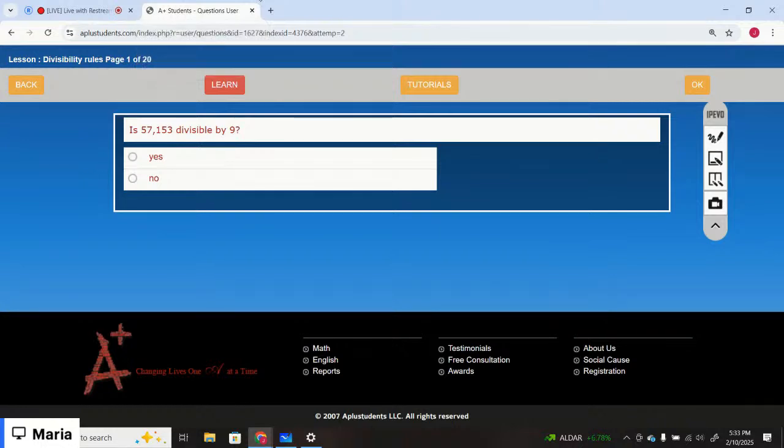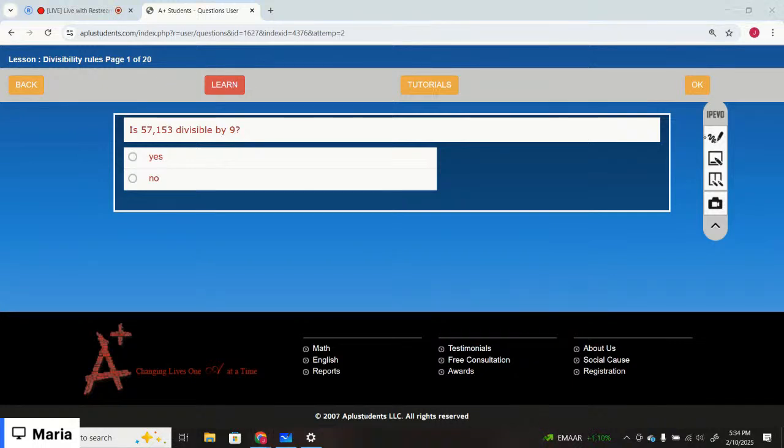Is 57,153 divisible by 9? So you have to apply the divisibility rule for 9. If the sum of the digits of the number is divisible by 9, then the number is divisible by 9.